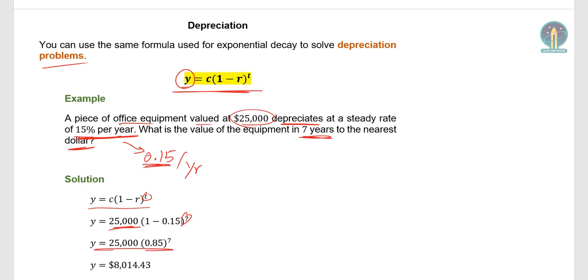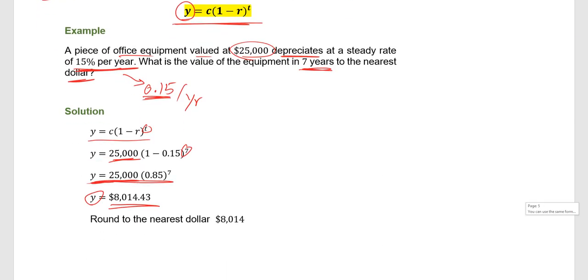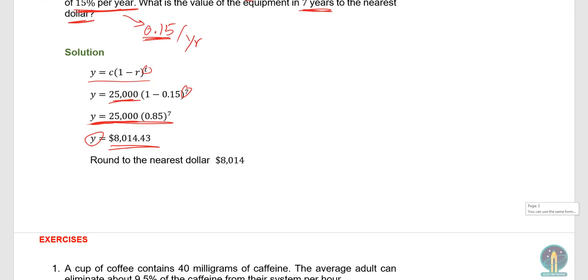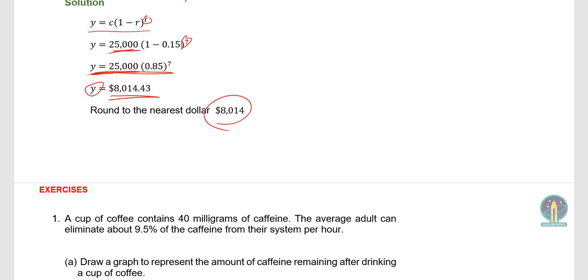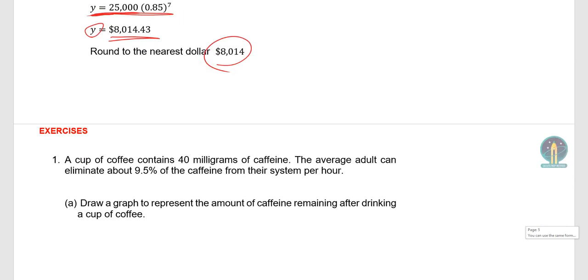Evaluating by calculator, we get the final amount is equal to $8,014.43. So this is the value of the furniture after 7 years, $8,014 rounded to the nearest dollar.